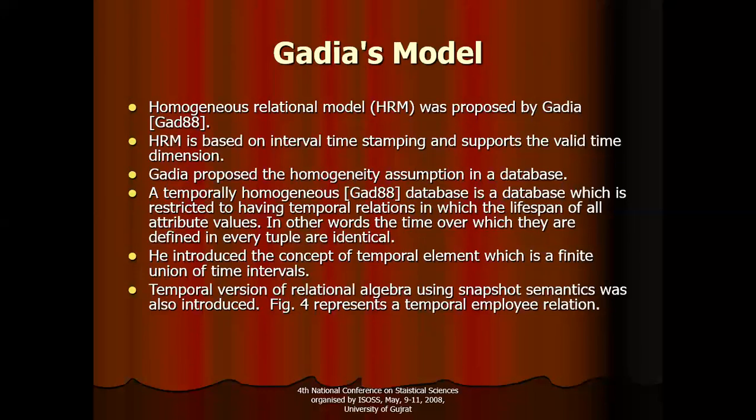The temporal version of relational algebra using snapshot semantics was also in this model. He also introduced the concept of snapshot. Two things are important here. One is that he introduced the temporal version of relational algebra. As I discussed earlier, there are two ways by which we can manipulate that information.